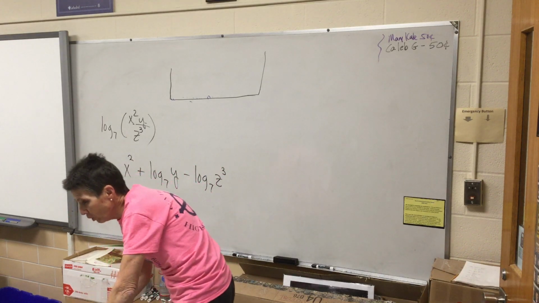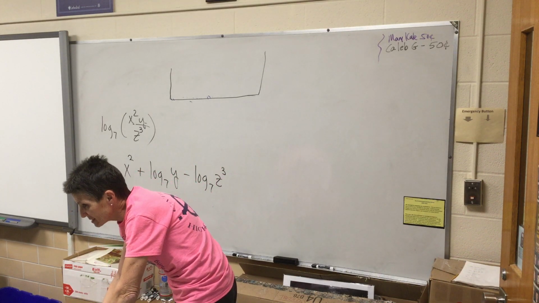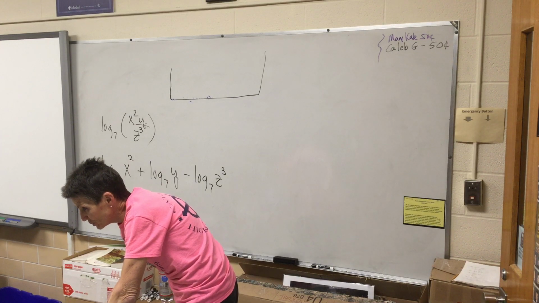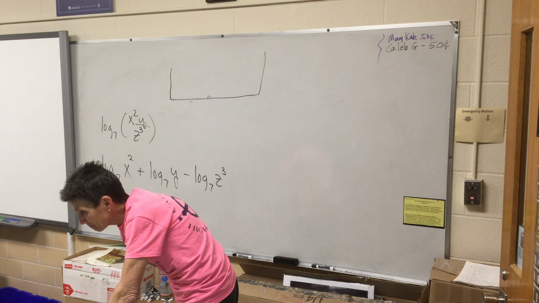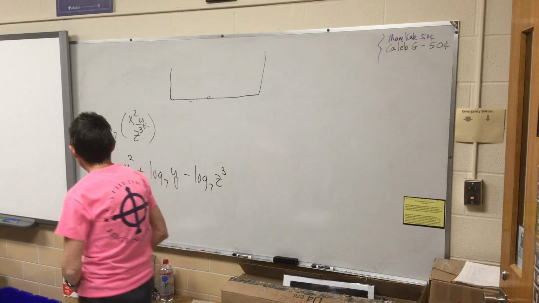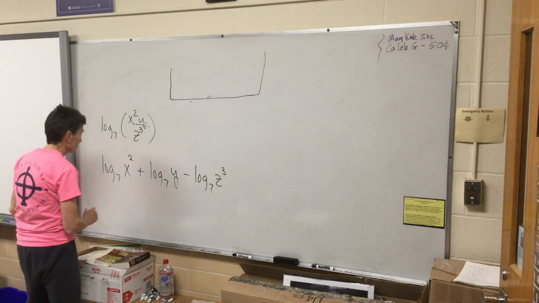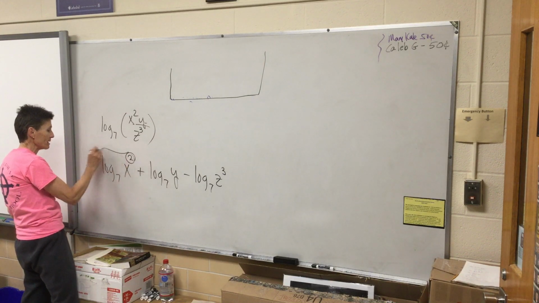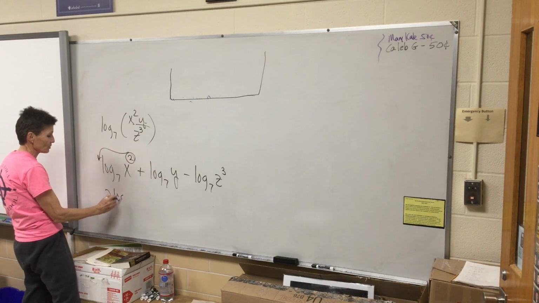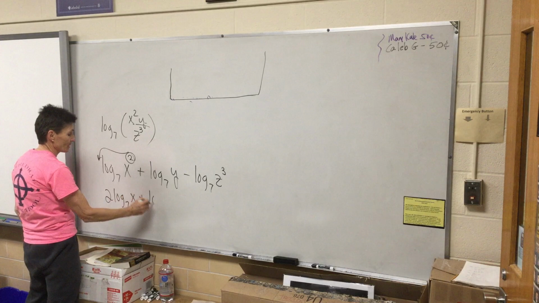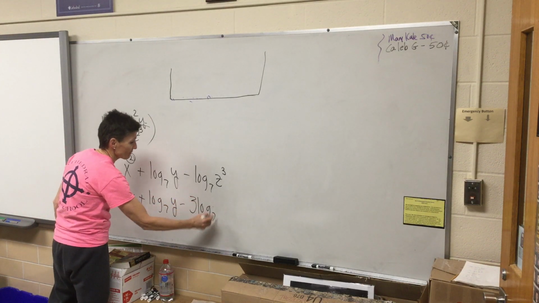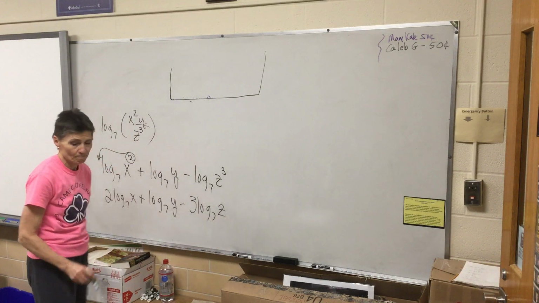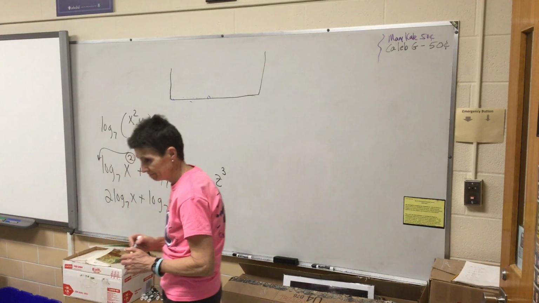If we want to fully and completely expand this, there's one more thing we have to do. Do you have an idea? Do you move the exponents down and make them coefficients? Bingo, Grace, right on target. So this becomes a coefficient. So 2 log base 7 of x, log base 7 of y, and 3 log base 7 of z. Perfectly done.